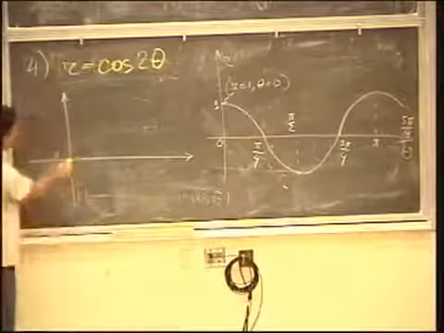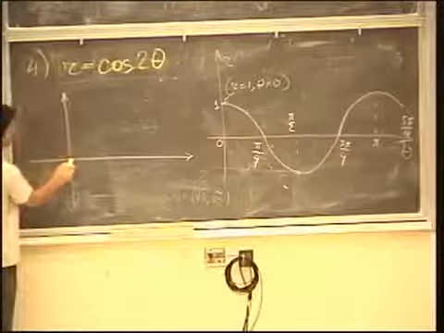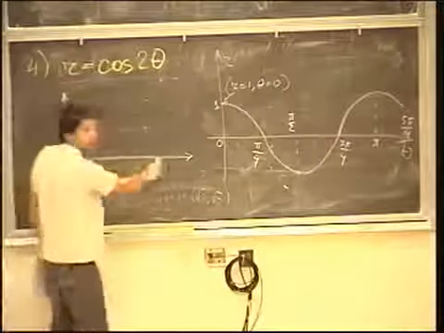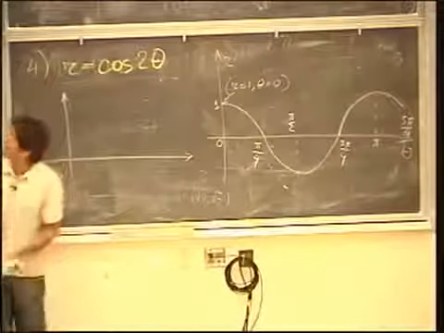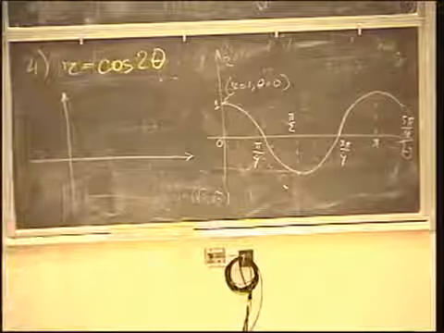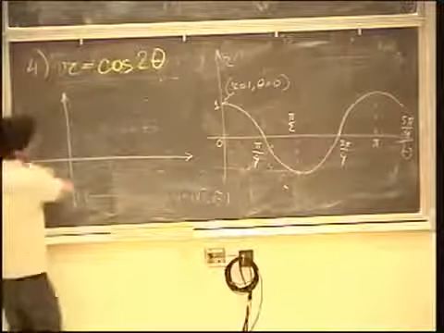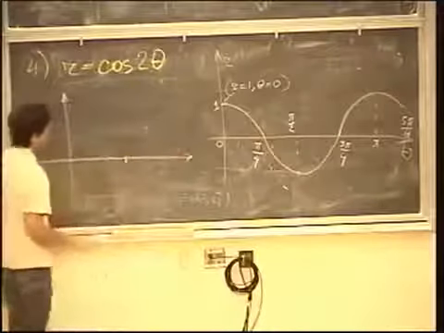Let's plot it on this plane. So theta is 0, which means that we are on the x-axis. All points on the x-axis have theta equals 0, right? Because I remember theta is supposed to be the angle with the x-axis. So if theta is 0, it means you are on the x-axis, and the distance is 1. So you start here.